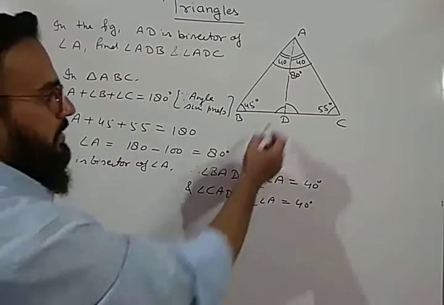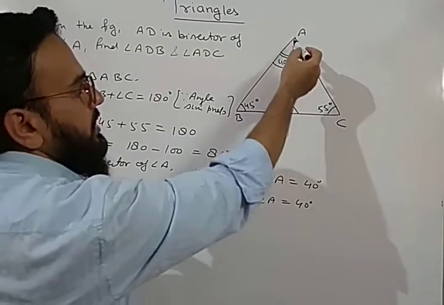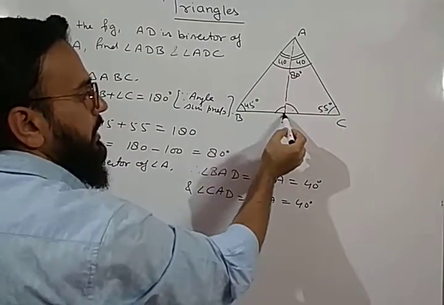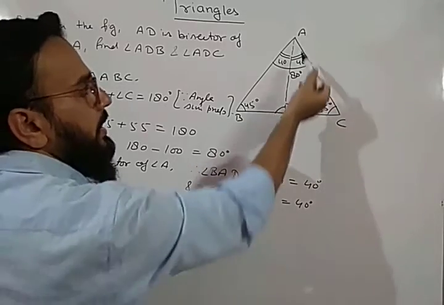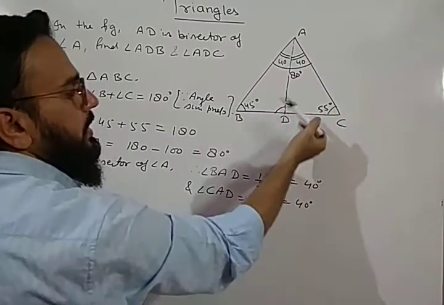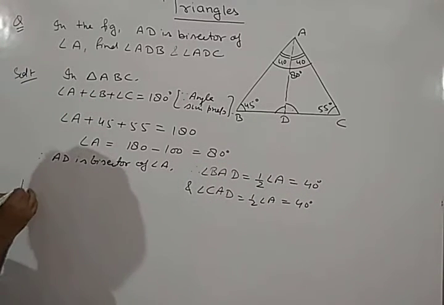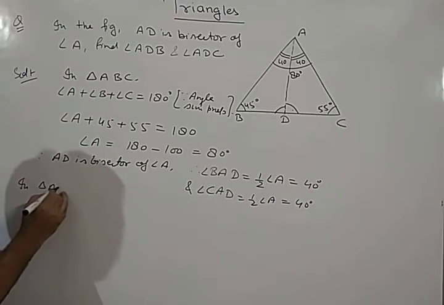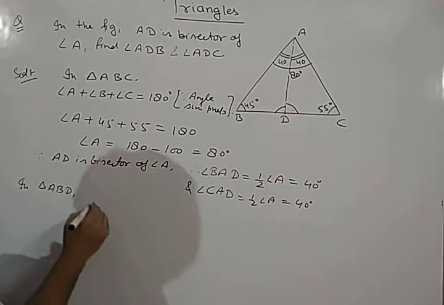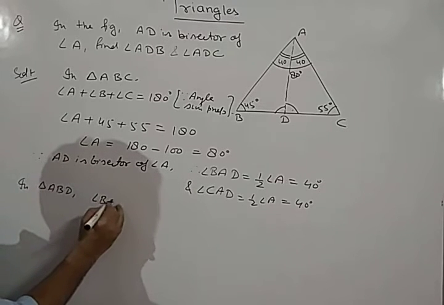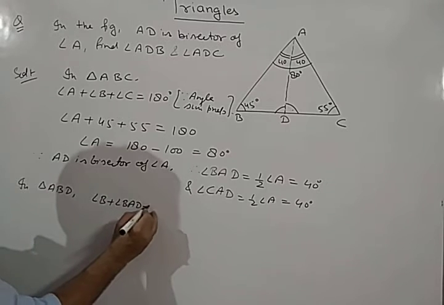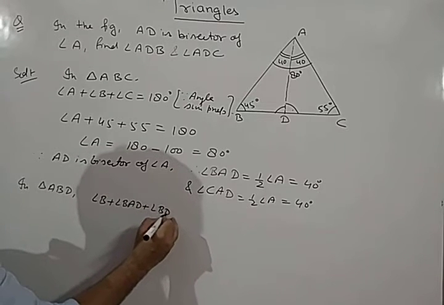Now we have to find the value of this angle and this angle. Once we take the triangle ABD, we can find the value of this angle. And if we take triangle ACD, then by using angle sum property, we can find the value of this angle. So first I am taking triangle ABD. We will write angle B plus angle BAD plus angle BDA.